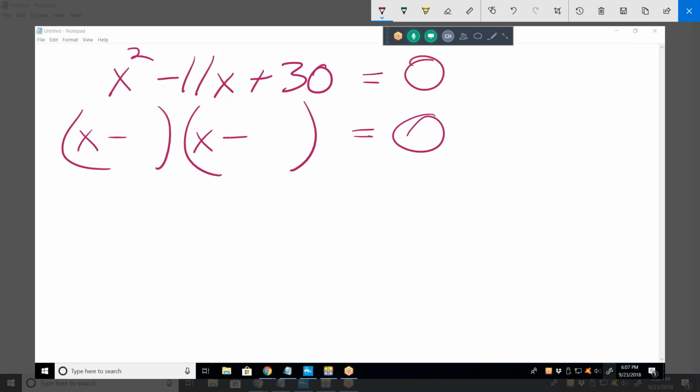Not subtract. That's a plus sign. They've got to add to 11. So what factors of 30 add to the number 11? You can do it the hard way, but you might know just thinking about it. What two numbers multiply to 30 and add to 11?